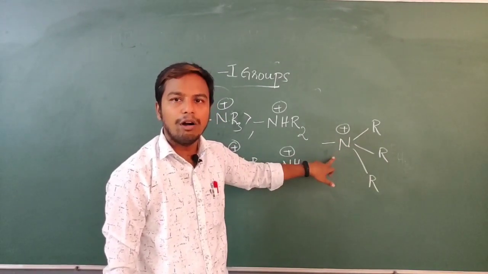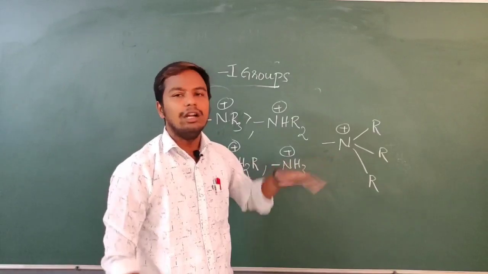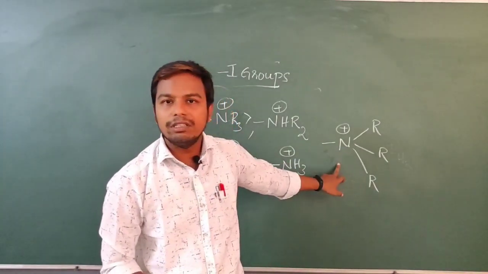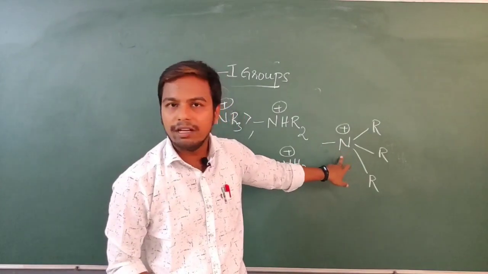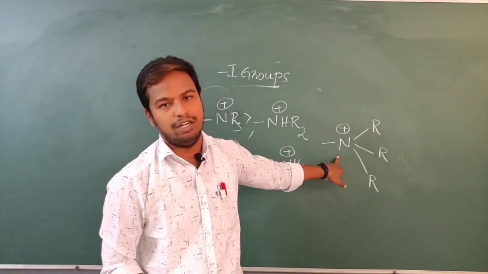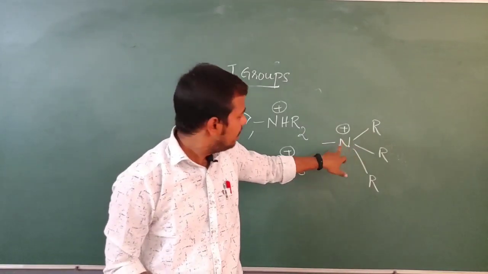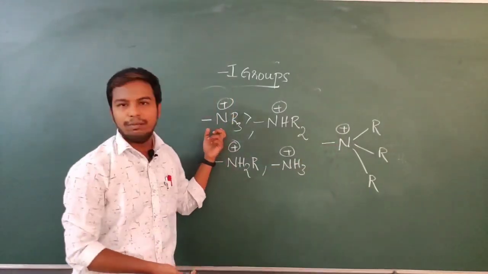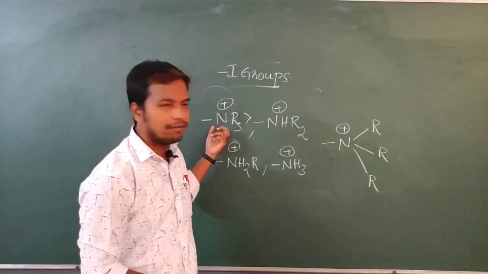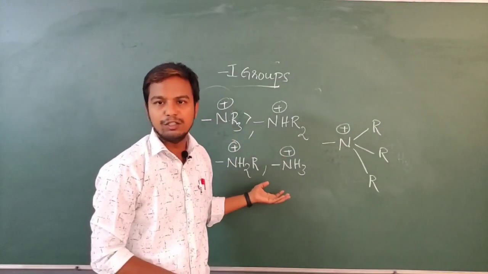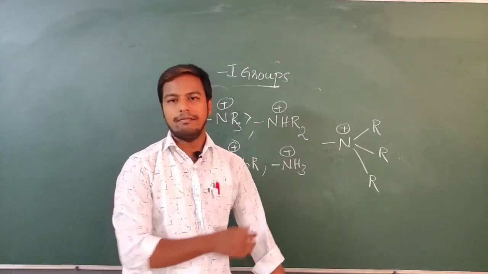Due to those bond pair repulsions, the electron withdrawing nature of this ammonium ion will increase. That is why ammonium with alkyl groups will be more electron withdrawing than other species. Am I clear?